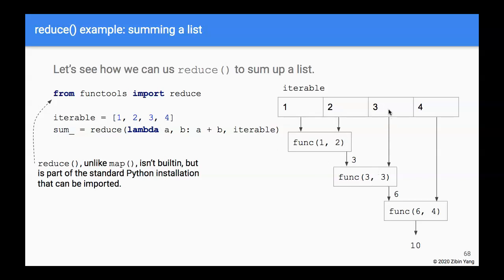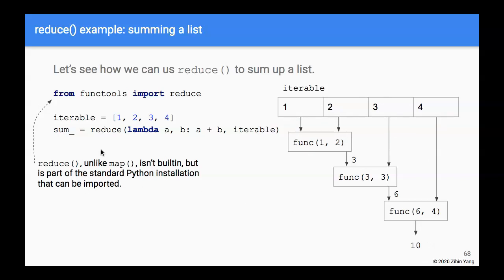The other input comes from the next element in the list, which is 3. So 3 plus 3 gets a 6. So 6 again is an input into the same lambda function. The other input comes from the next element in the list, which is 4. So 6 plus 4 gets us 10. And we are done with all the elements in the list. And that's how we use reduce to sum up all the elements in a list into a single result.